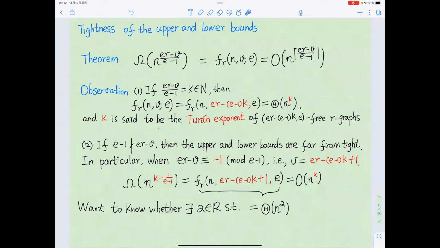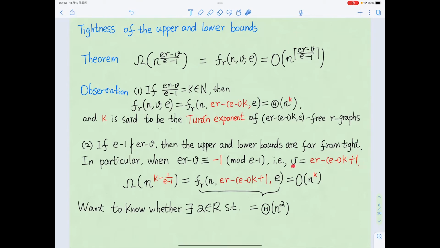But in this talk, we are mainly interested in the case where er − v equals −1 modulo e − 1. In this case, you can write the number of vertices v in the following form: v can be written as er − (e − 1)k + 1. This formula is very similar to the first case, you only have a +1 here.